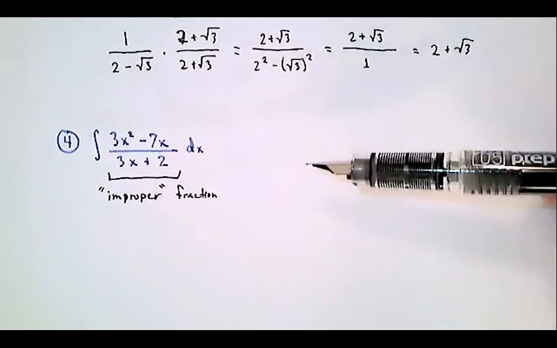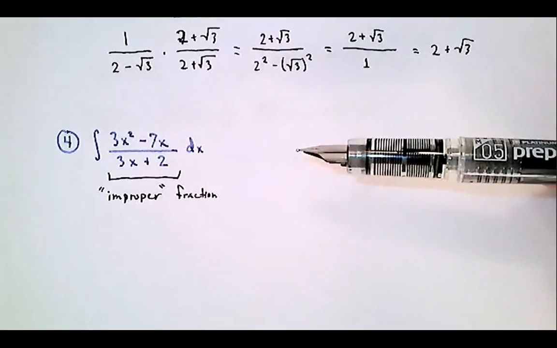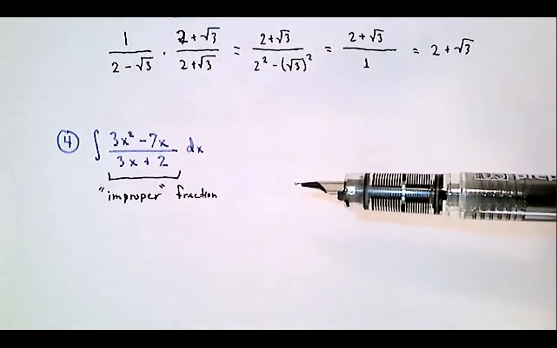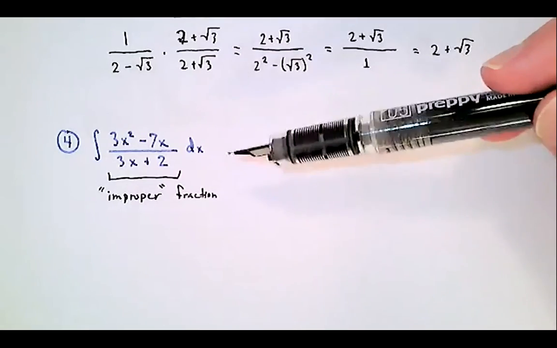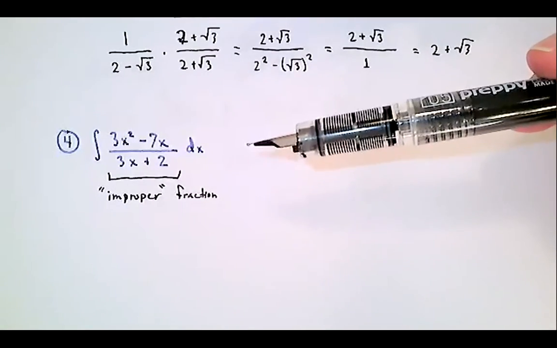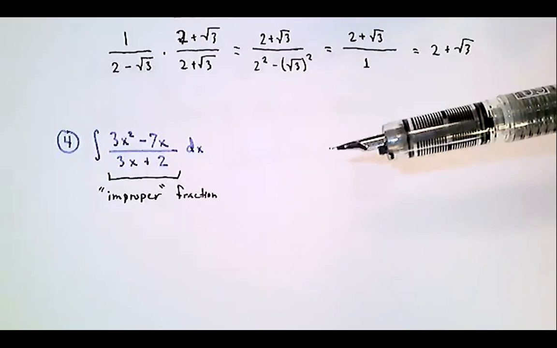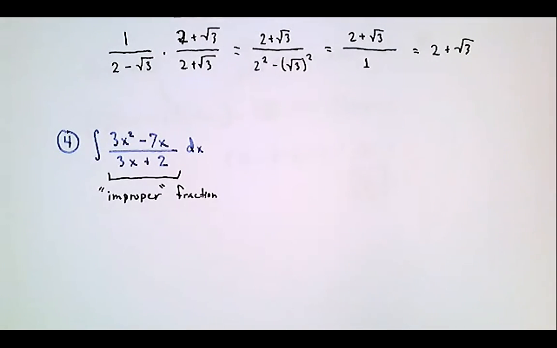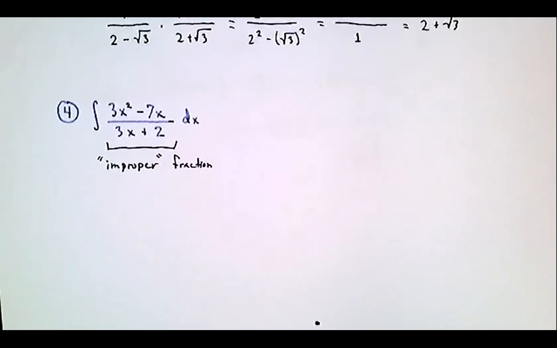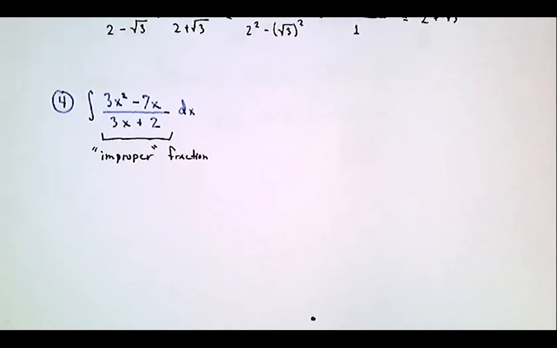And something that you learned way back in your algebra classes, or maybe even going back to elementary school before you got to algebra, was how to rewrite improper fractions as something like a whole number plus a proper fraction. And that's what we're going to do here, except now we have polynomials instead of just numbers.